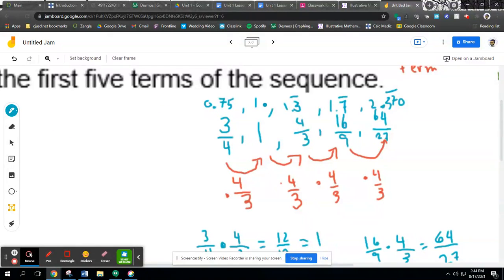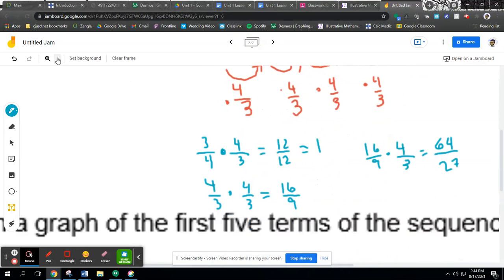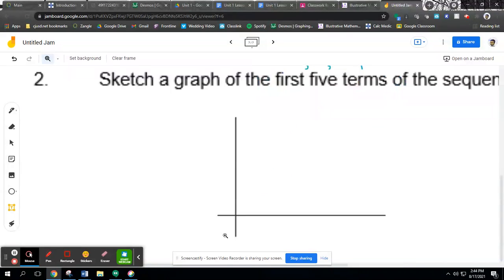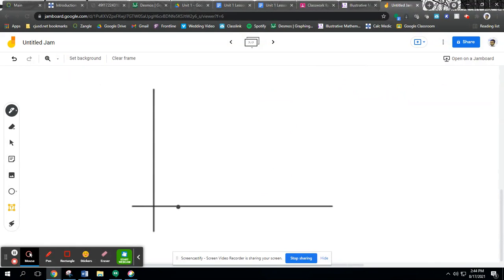So now I can use these points to help me graph. First term is 0.75. Second term is 1. So let's put this onto a quick little graph. When you do it, it doesn't need to be perfect. All right, on here I have 5 terms, so I'm going to put 5 values along the x-axis, the horizontal axis here. So I'll have term 1, term 2, 3, 4, and 5.